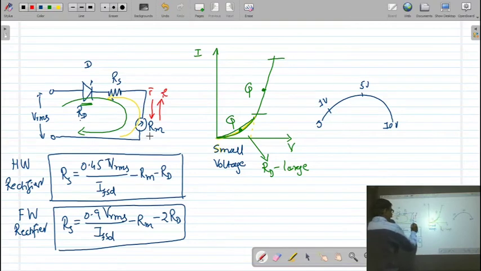Again, try to understand that in an AC, when the positive cycle comes, the diode will be in forward bias, the current is going to flow like this, and let us say it is 500 microampere. When the negative cycle comes, the current is going to flow in the opposite direction. So let us say it is a minus 50 microampere current.